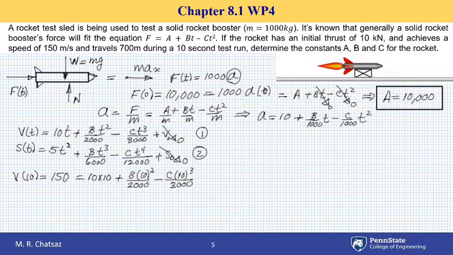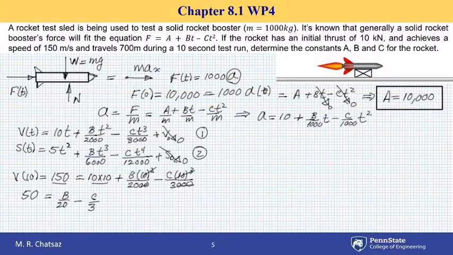Let's solve for B. 150 minus 100 gives me 50, equal to, this 100 knocks off 20, the 1000 here knocks off 30, so I have 50 equal to B over 20 minus C over 3.